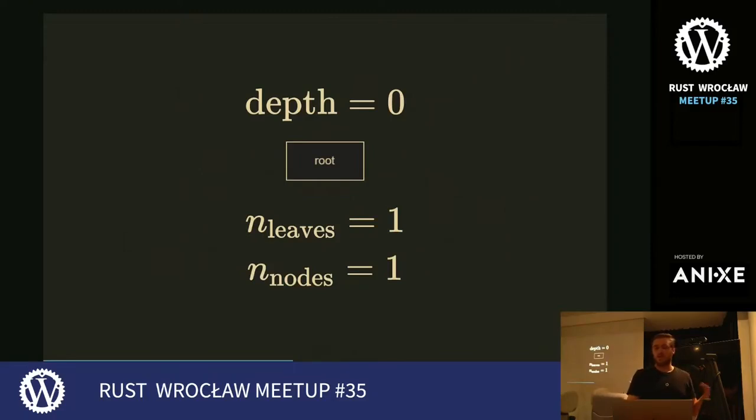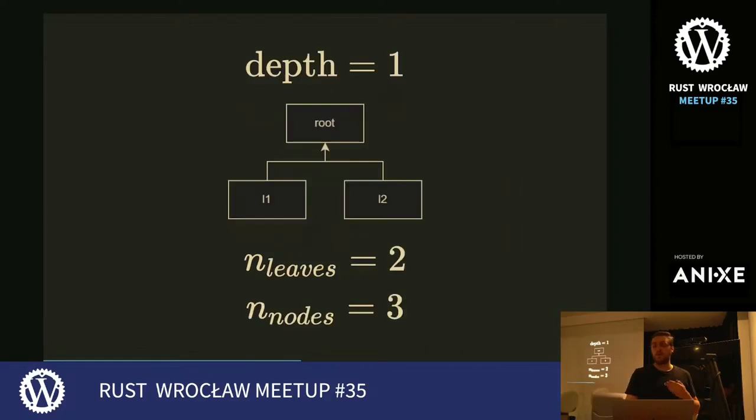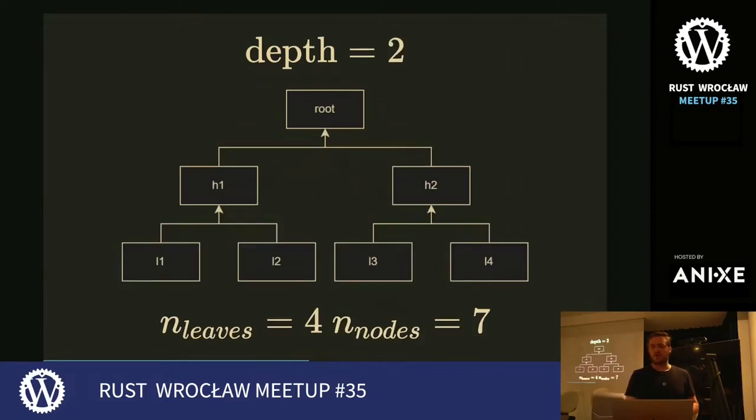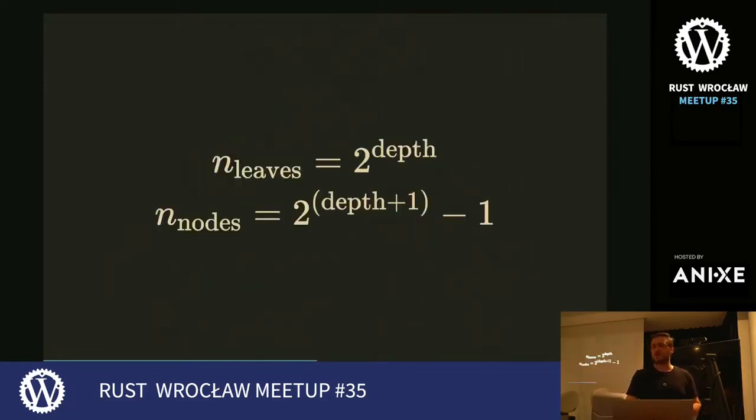It has 1 leaf and 1 node. A tree of depth 1 has 2 leaves and 1 root hash and 3 nodes in total. A tree of depth 2 has 4 leaves, 7 nodes. You might be seeing where it goes. A generic tree has 2 to the power of depth leaves and 2 to the power of depth plus 1 minus 1 nodes.